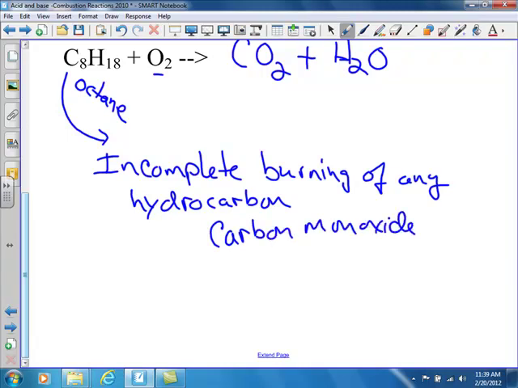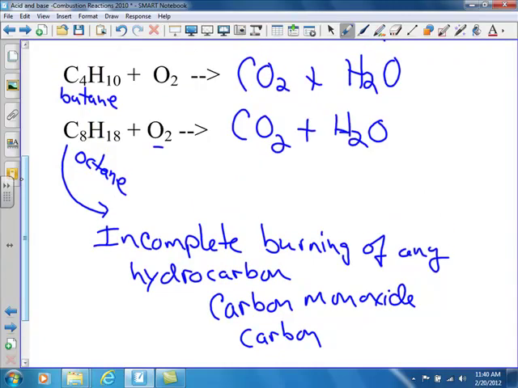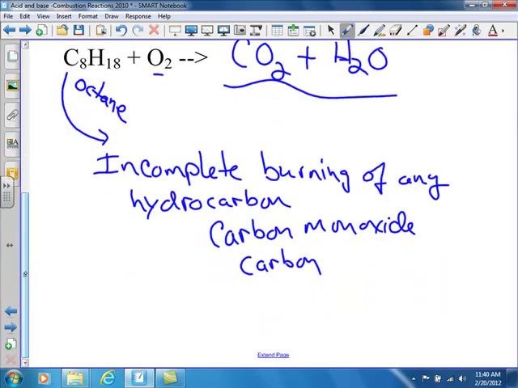And that's what you have to be careful about, because there's always some incomplete burning, and then you always get a little bit of carbon as well. But for all intents and purposes for us, we are going to assume that we always get carbon dioxide and water. But just know that in the real world, this is what happens.